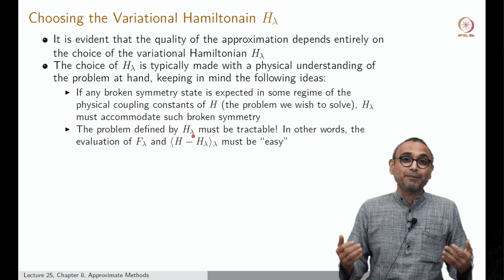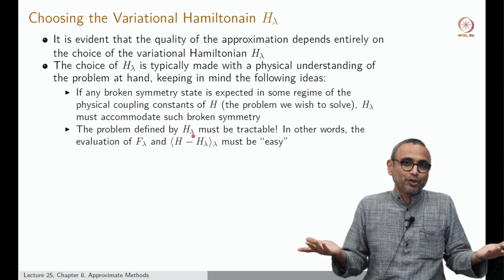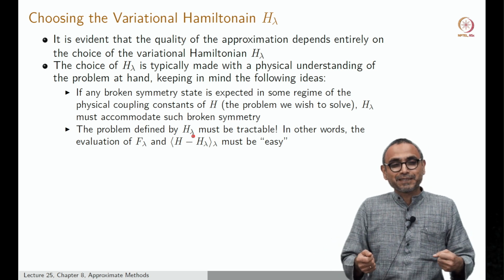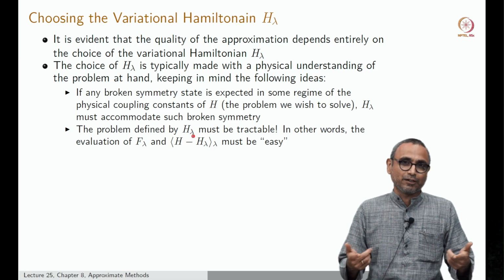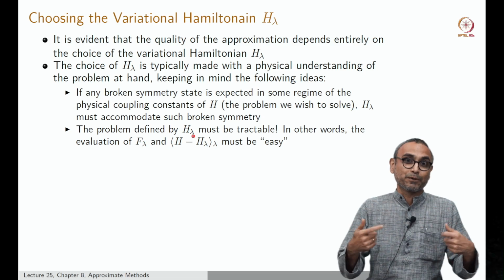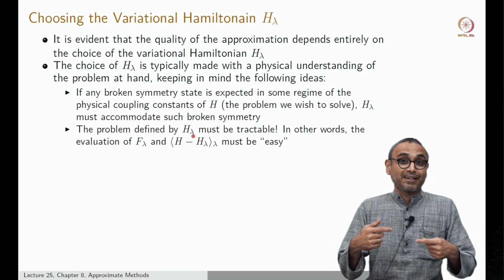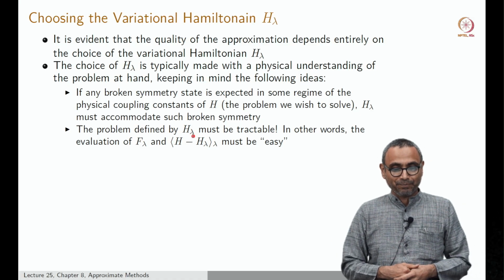So you should not cook up some really fancy H lambda with which you are not going to make any headway. That will not be useful. H lambda must be some kind of simple Hamiltonian for which you know some exact solution, or you know some way of computing with it non-perturbatively, or something that you can reliably do numerics on without too much difficulty and so on.